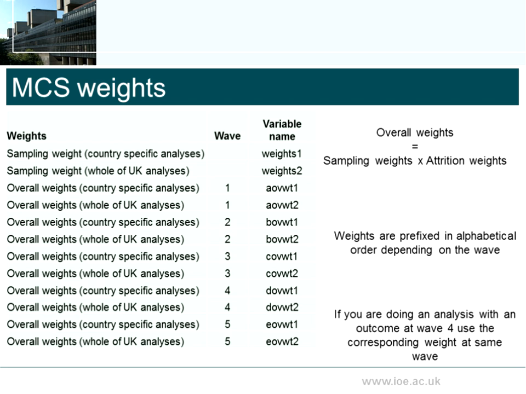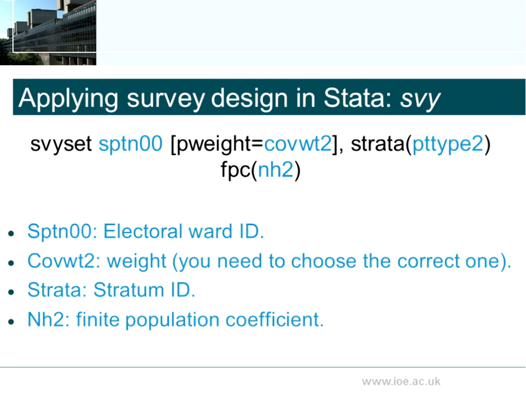So these overall weights are equal to the multiplication of the sampling weight and the attrition weights. If you are doing regression analysis and your outcome variable is at wave 4, and say your independent variables are from the different waves, then you would use the weight corresponding to your outcome variable, so the weight for wave 4.